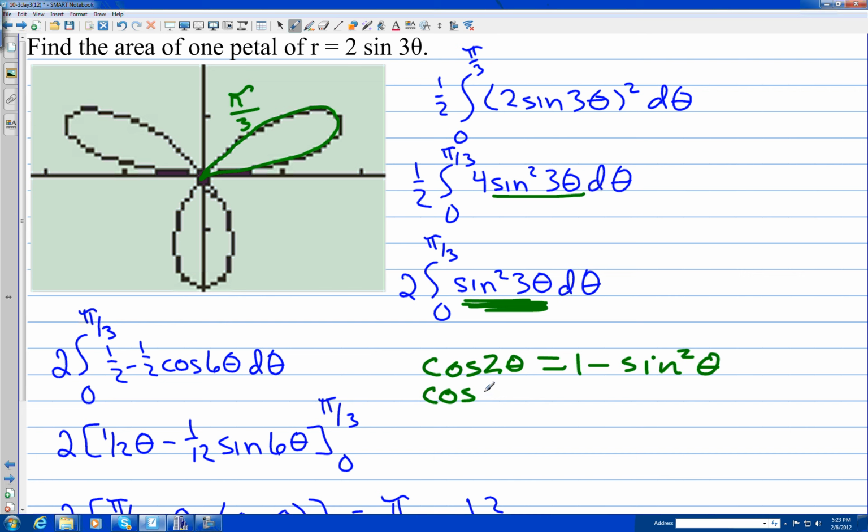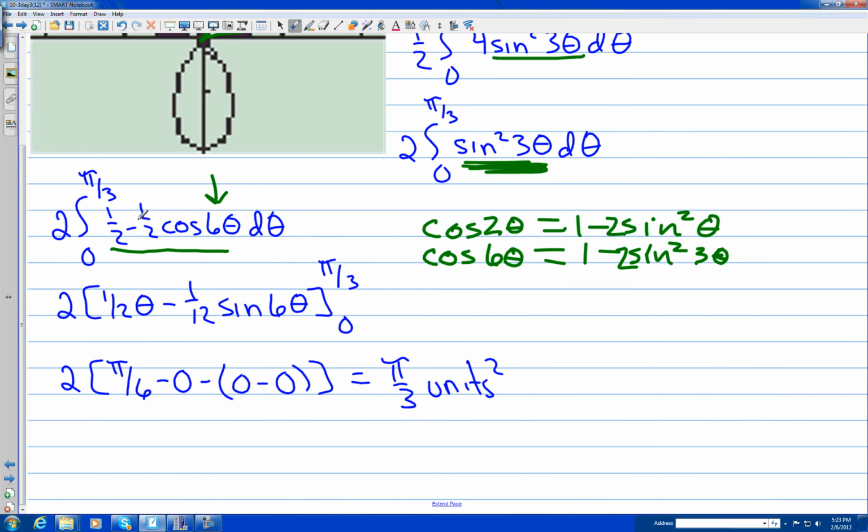So we have cosine of 6 theta equals 1 minus 2 sine squared of 3 theta. When we minus 1 and divide by negative 2, we're going to get 1/2 minus 1/2 cosine of 6 theta instead of 3 theta. And that's how you make the replacement. The rest's pretty straightforward. Take the integral. You end up with an answer of pi over 3 units squared.